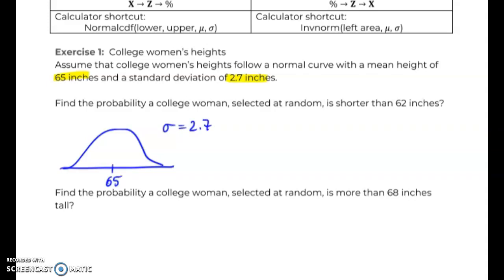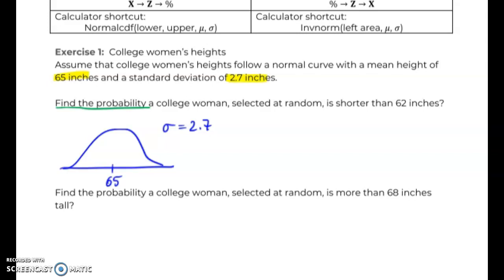Find the probability a college woman selected at random is shorter than 62 inches. Finding the probability is the same as finding the area under the curve. Probability, percentage, proportion, and area really all mean the same thing when we're looking at our normal curve.